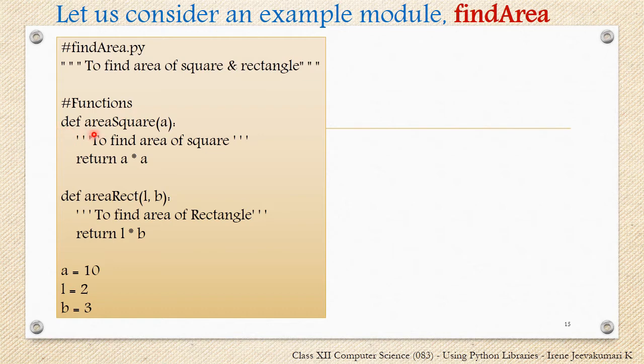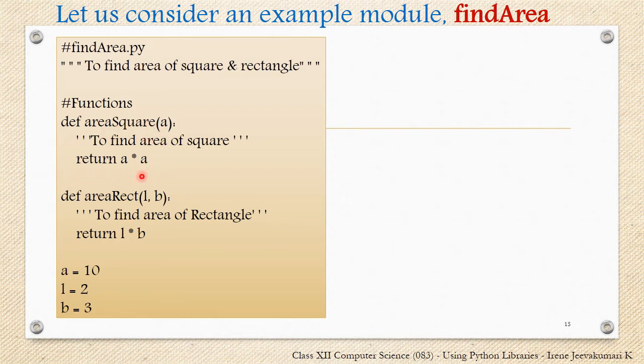The function definition area of square takes one parameter, and in its body the first statement is again a docstring. This docstring gives the information about this particular function: find area of square, and it returns a multiplied by a as the result.